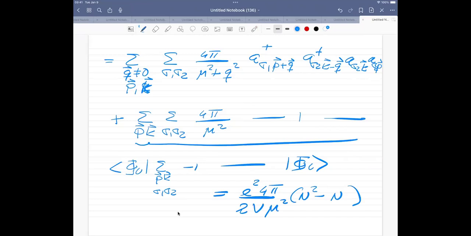Now, in the limit where n and V go to infinity, and then I take the limit mu goes to 0, this term is exactly cancelled by two terms which come from the electrons interacting with the background of the charged ions and the ion-ion interactions.